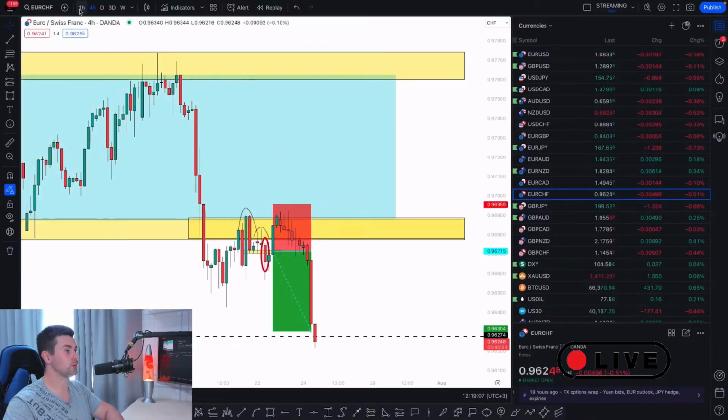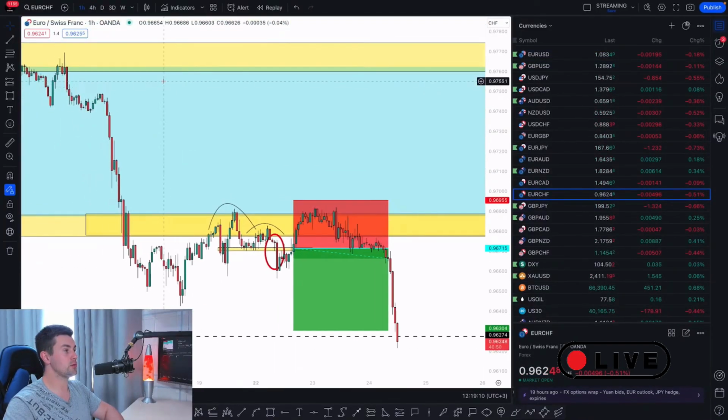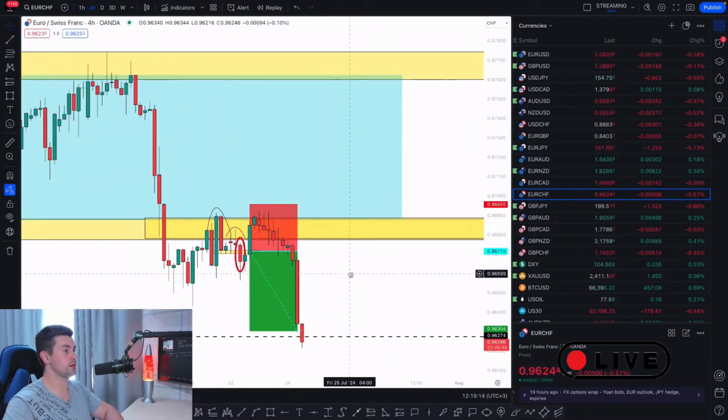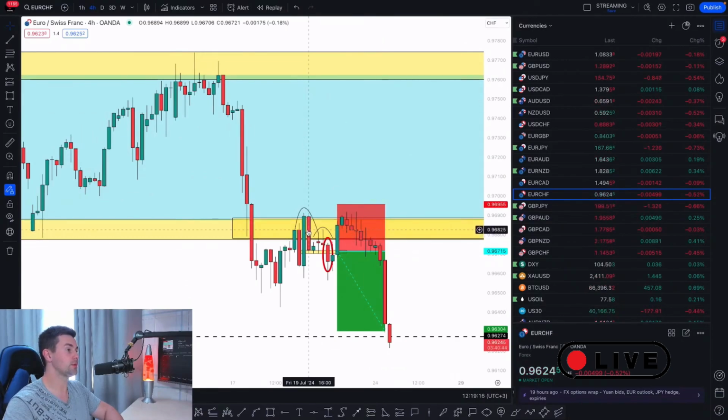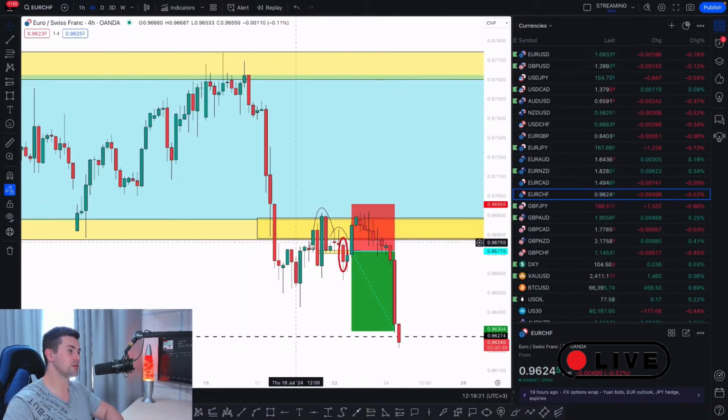Now let's see what happened with the market after 2 days of waiting. As you remember, we decided to short Euro Swiss, and here was the trade that we were holding for quite a long period of time. You can see that here we spotted the cup and handle formation that was formed after a breakout of the daily structure support.